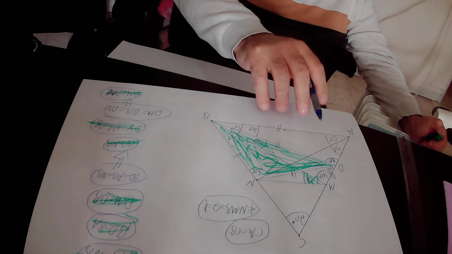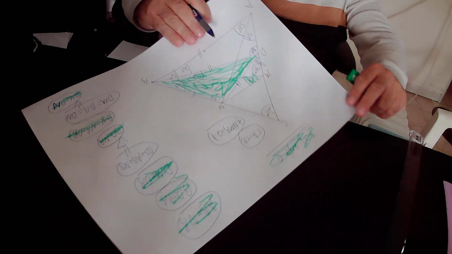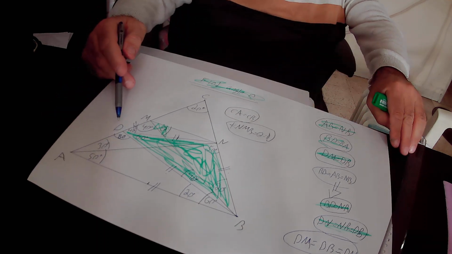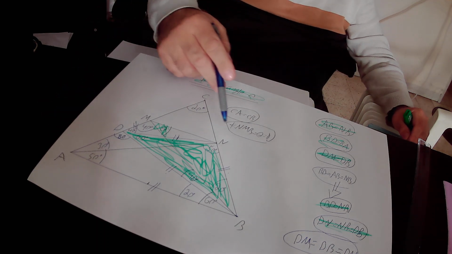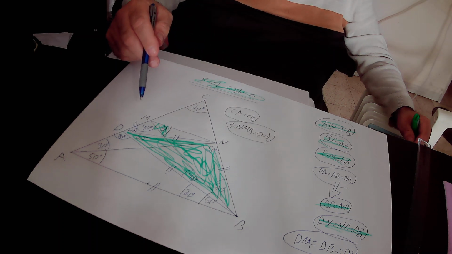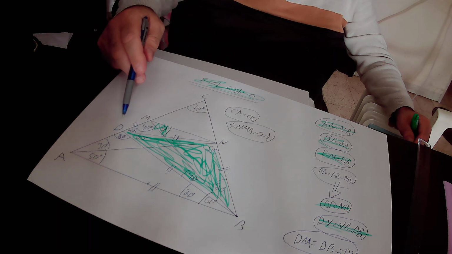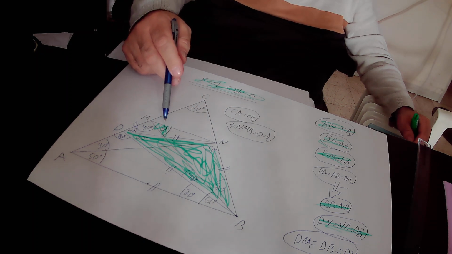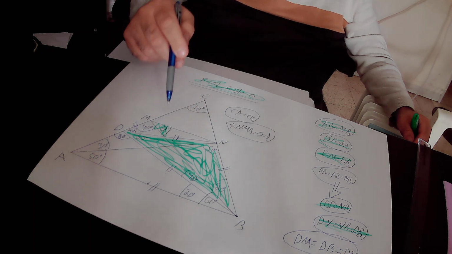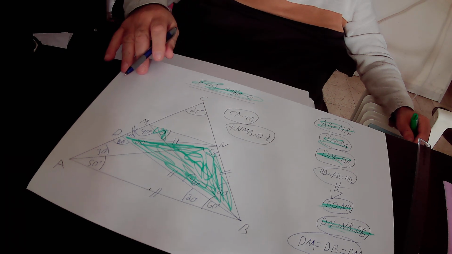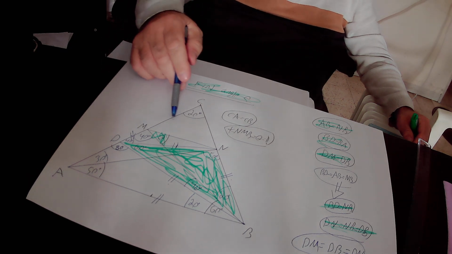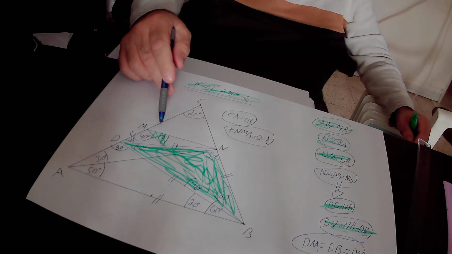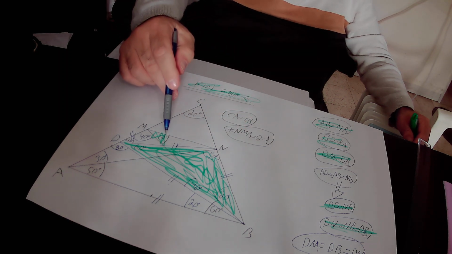So the angle DMN, equal to 70 degrees, minus the small angle DMB, equal to 40 degrees, must be equal to the missing angle theta, that is the angle that we are looking for. Again, the big angle DMN minus the small angle DMB must be equal to the missing angle theta.